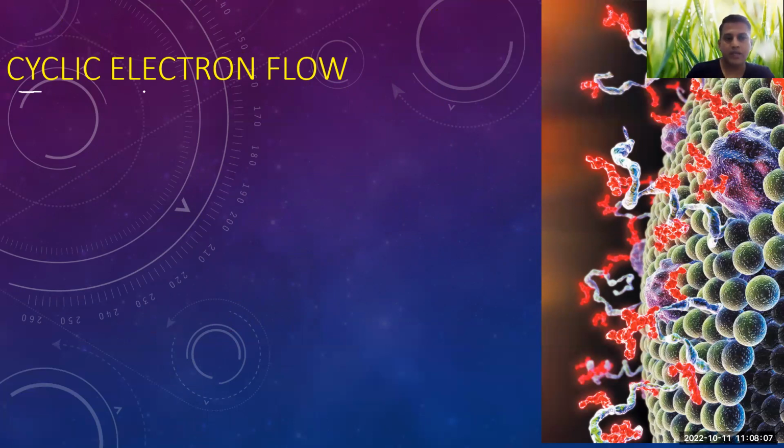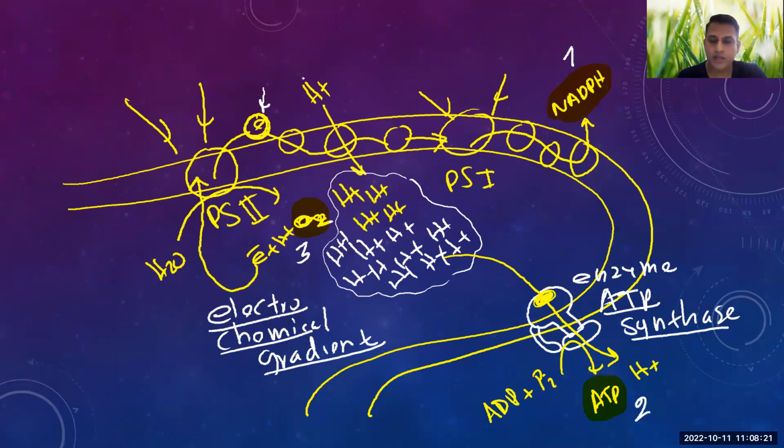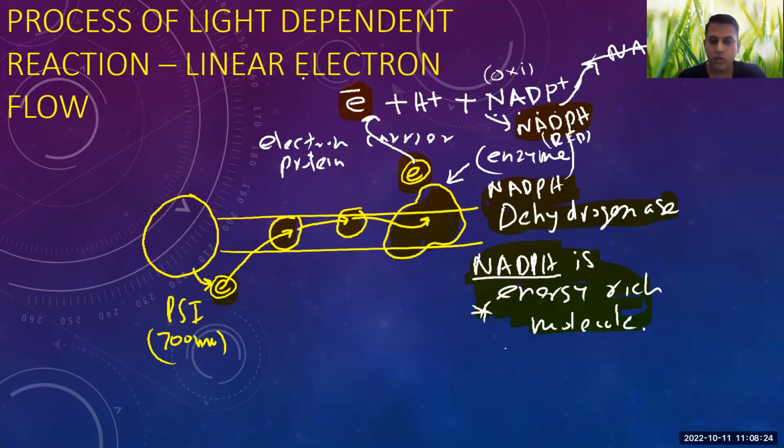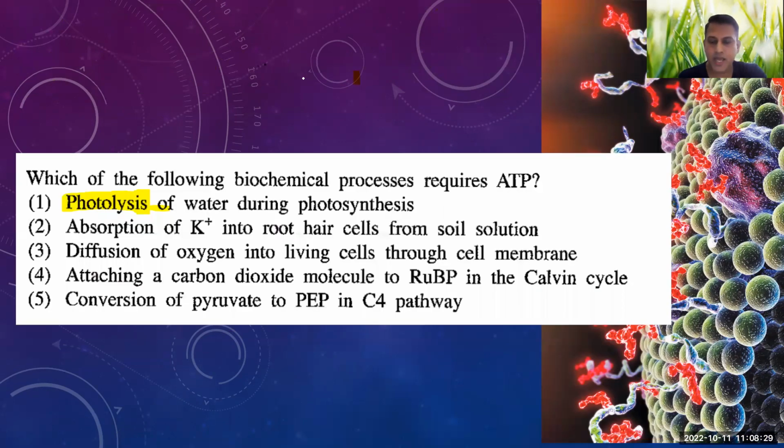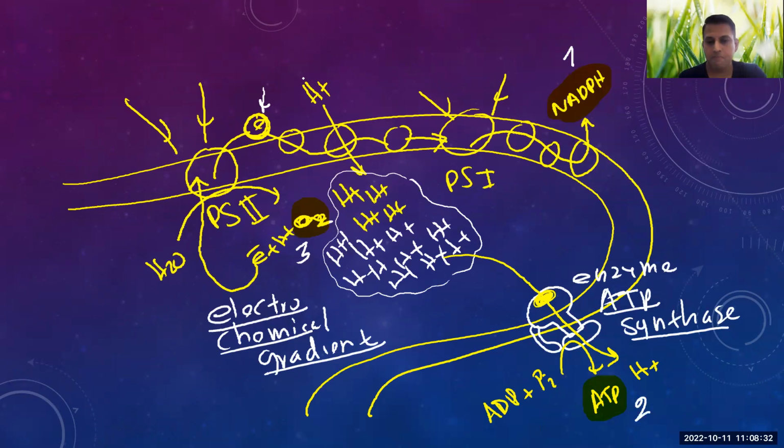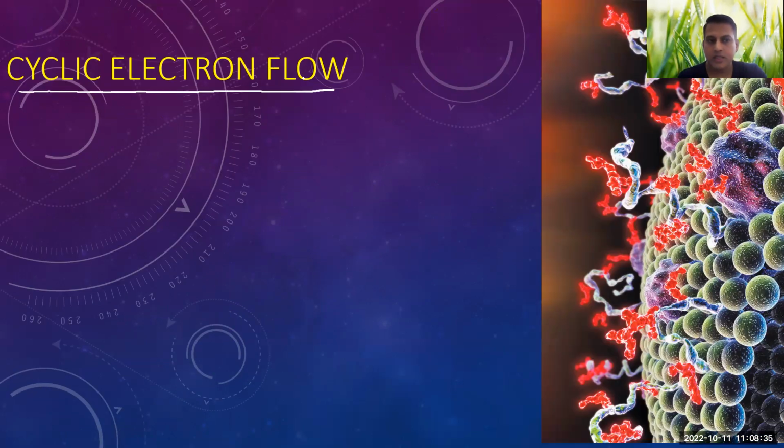The cyclic electron flow, its significance is very little, and most of the time what we can observe in plants is linear electron flow, because it produces oxygen, NADPH, and ATP. The cyclic electron flow is a term we only use to understand there is another pathway like this, but its significance is less.